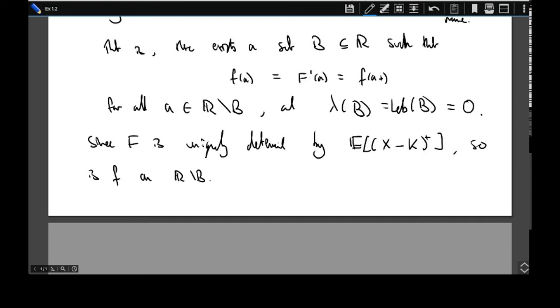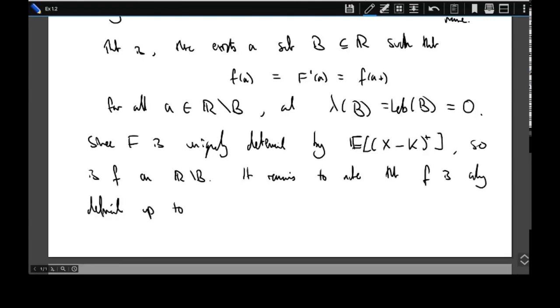What remains is to note that f is only defined up to Lebesgue null sets. What that means is that f as a density is only defined on the real line minus some set of Lebesgue measure 0.